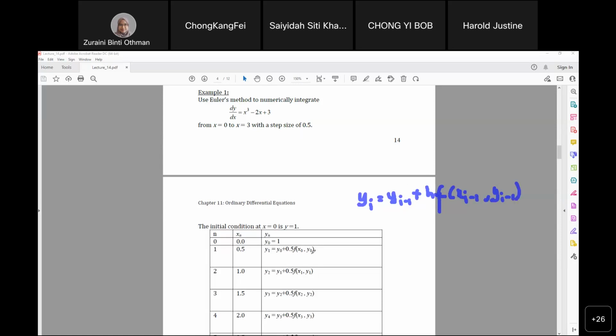Ialah kita nak cari y1. Nak cari y1, i kita sekarang ialah 1.